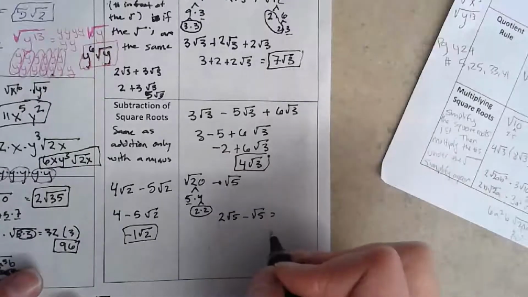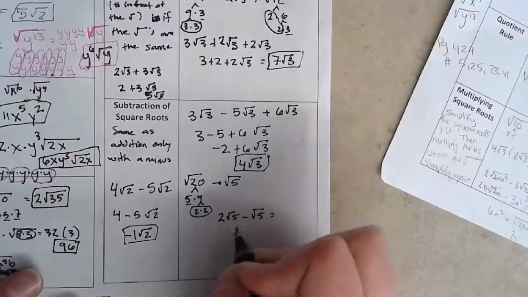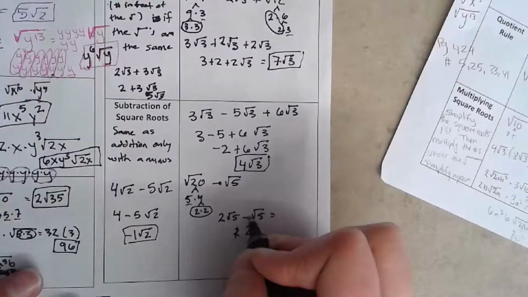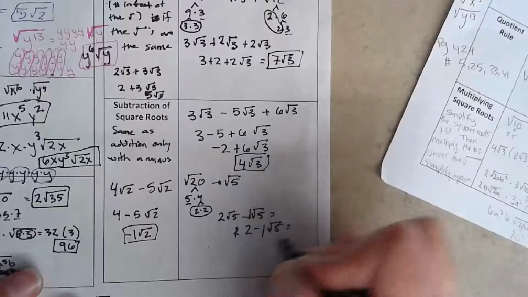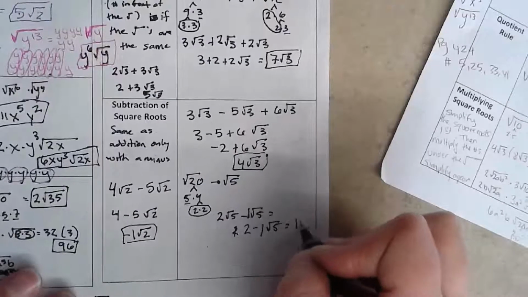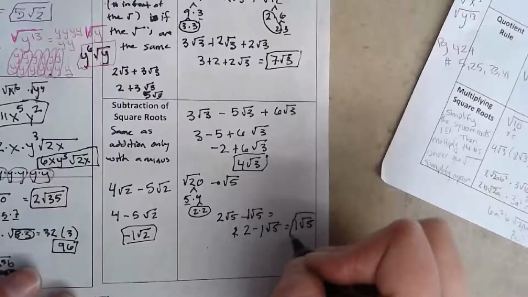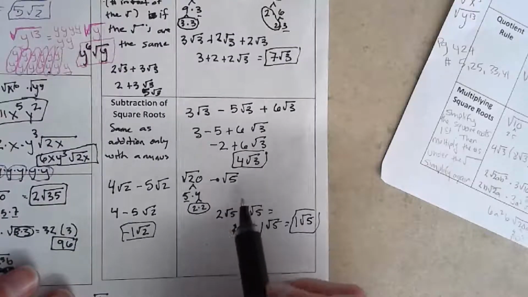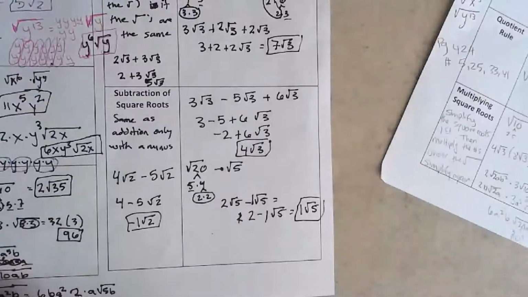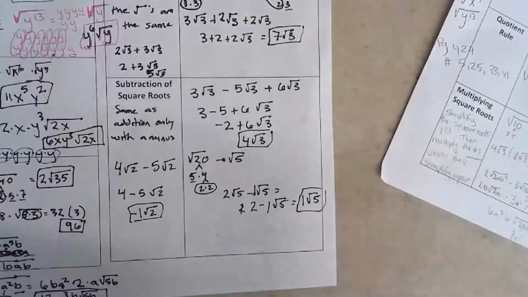That's 2 minus, and right here in front is a 1. So 2 minus 1 square root 5. So 2 minus 1 is 1 square root 5. So if there isn't a number in front originally, put a 1 there. That's what it means.